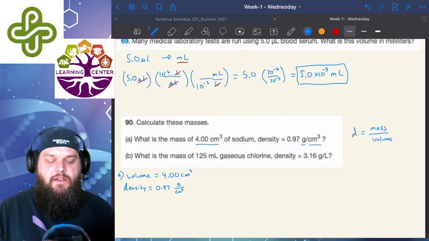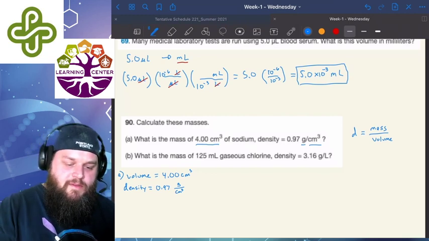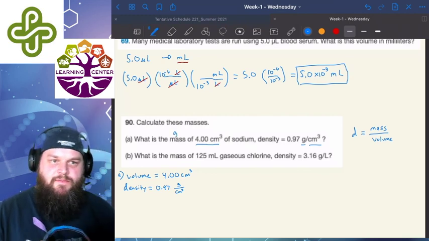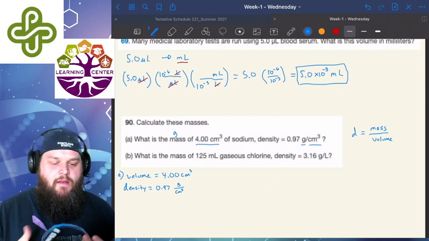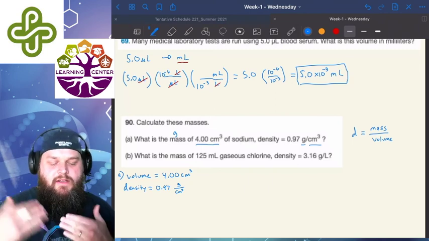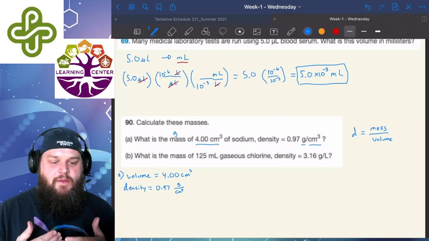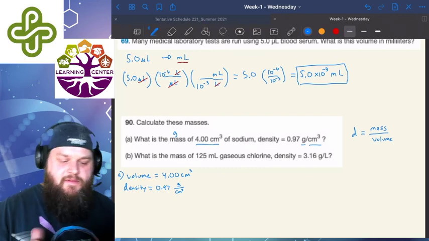So just looking at the units, since what we want to know is mass, and mass is in grams, we can multiply these two together because the centimeters cubed will cancel out when we do that, and we'll be left with just grams. So let's do that.